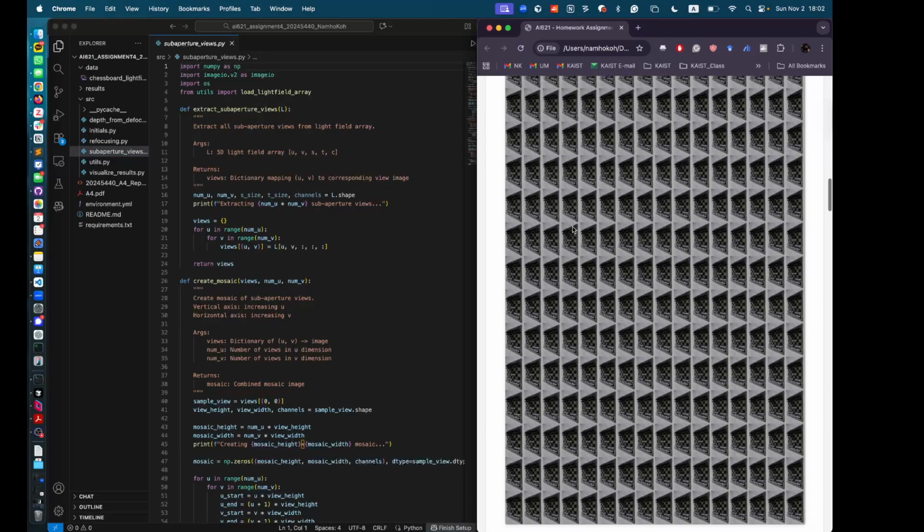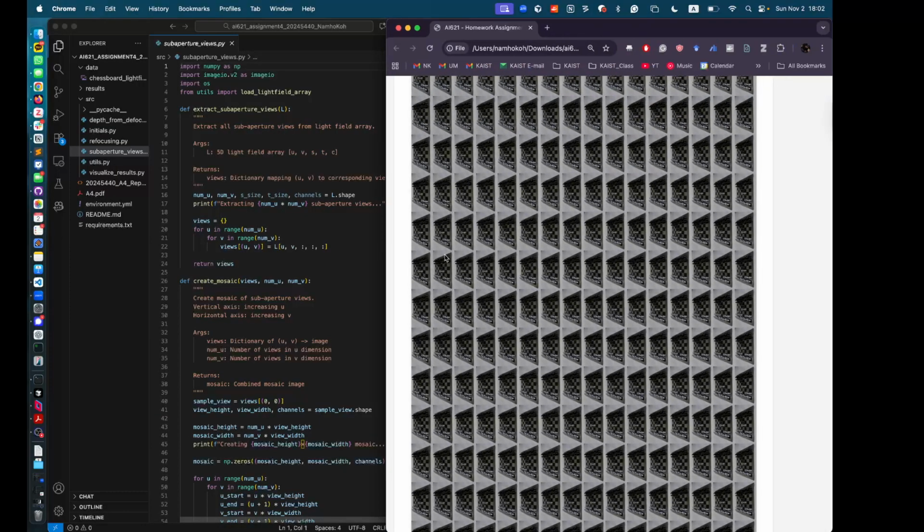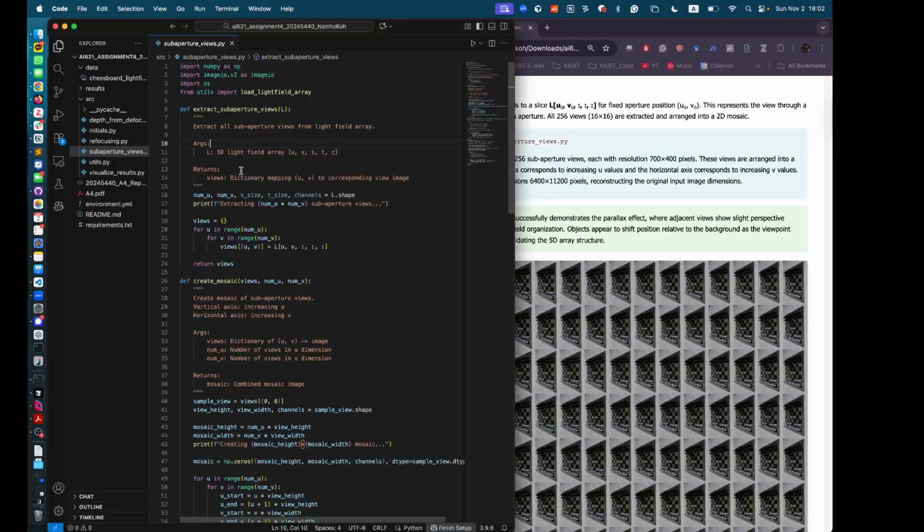If we look at figure 2, the function at line 6 is pretty straightforward. Here, extract sub-aperture views. Line 22 shows how each view is simply a slice of the 5D array at a fixed UV position. So the resulting array is the entire spatial image of that aperture position.